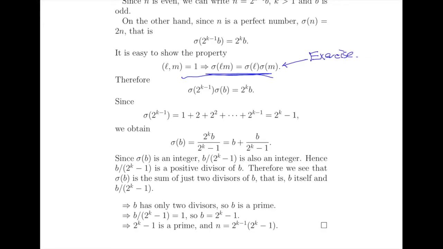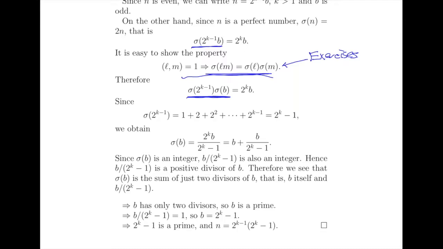So if you are interested, you can go to the exercise room this Friday and solve this problem. Here I will assume this property. Then the left-hand side is divided into this form.